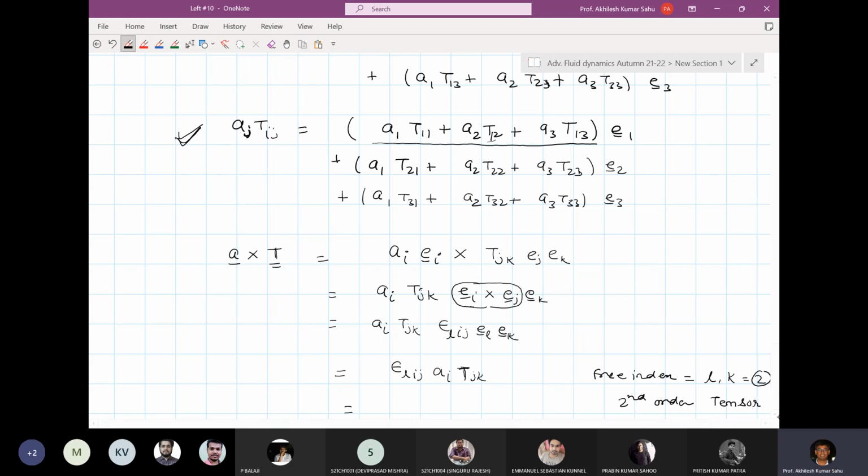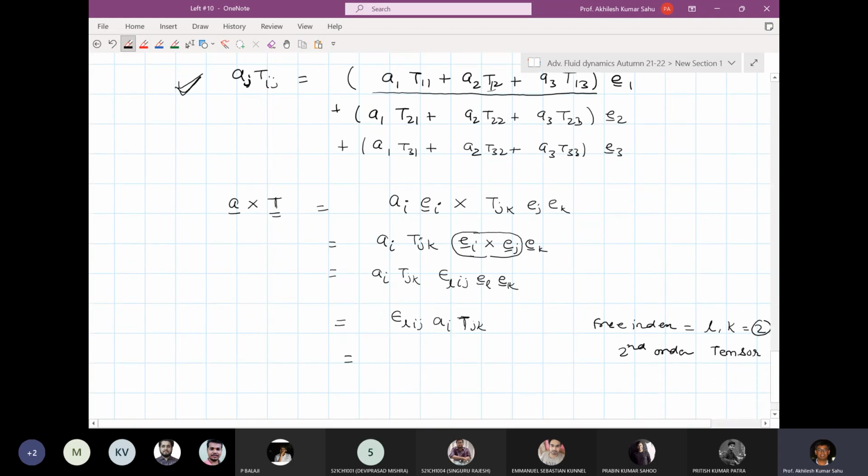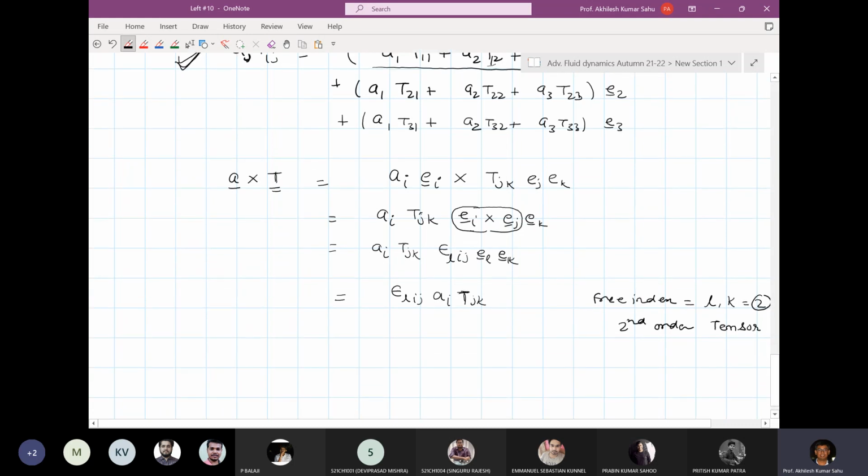Acha, so to find the order, we have another easy way to tell what is the order of the resultant quantity. When you're finding the dot product, you do the sum minus 2, where sum is the sum of the orders of the participating quantities.